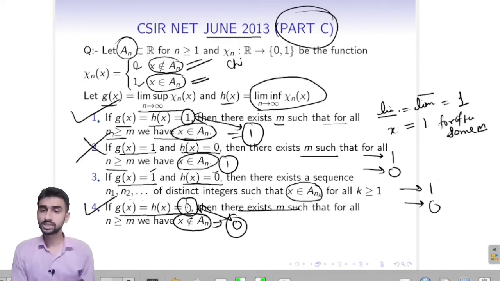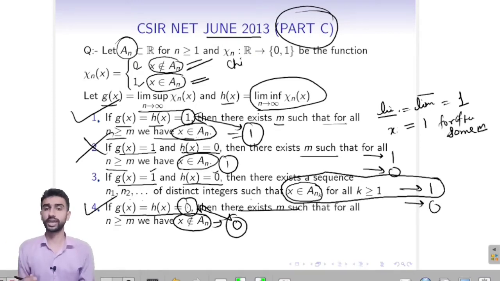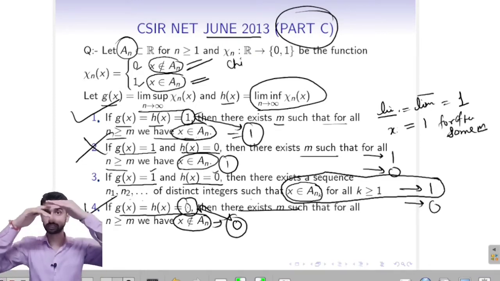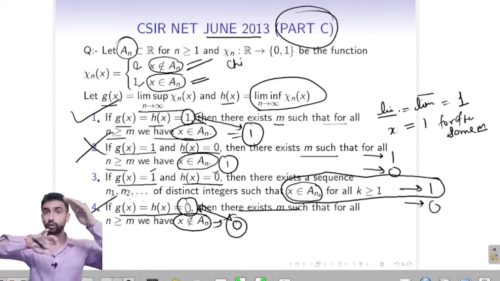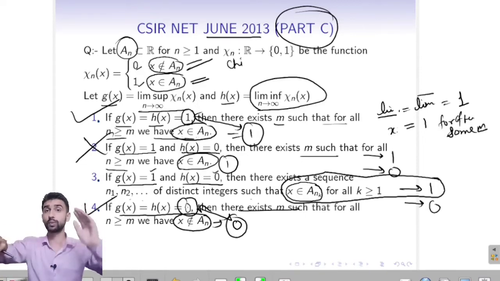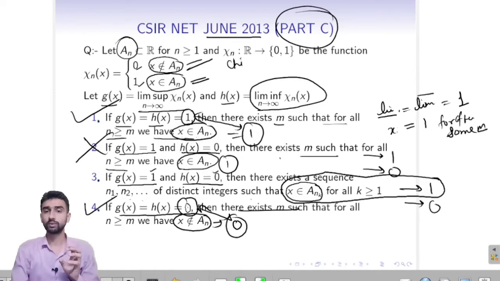If you separate that subsequence for some values of k, it will converge to 1. Converging to 1 means x belongs to A_nk. So it is true, and that's why option C is true here.